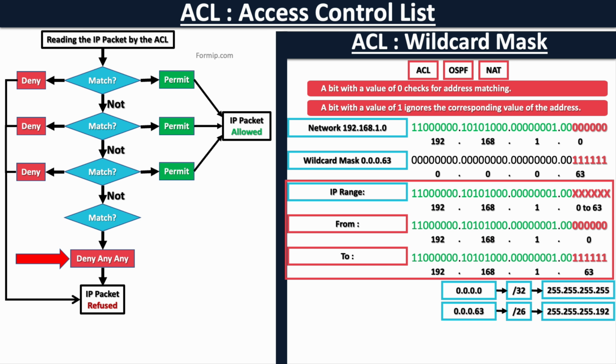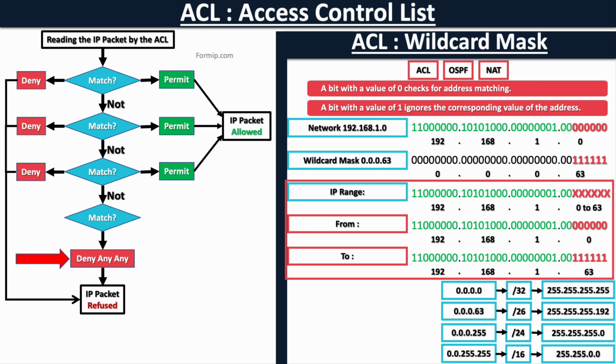In this case, the mask matches only one address. A wildcard mask of 0.0.0.63 corresponds to a normal mask of 255.255.255.192, that is to say, a /26. 0.0.0.255 corresponds to a mask of /24.